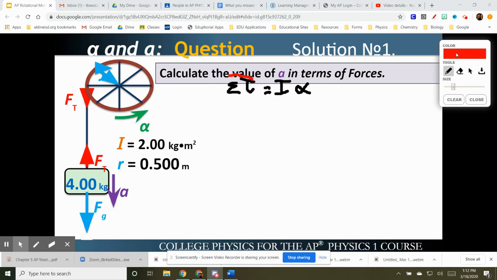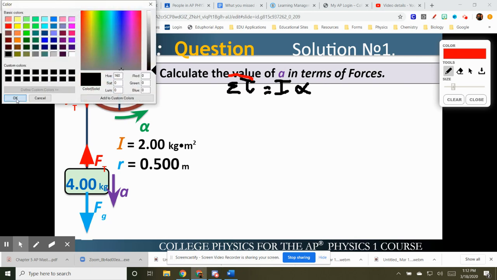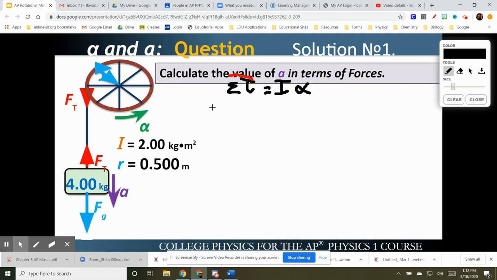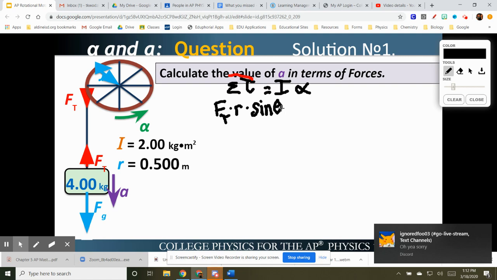So, the derivation you're going to do is look back in your notebook that a torque, and remember there's only one torque, is force times R times sine theta. And Gabriel, I want you to be really careful with calling that T. Be really deliberate in saying the force of tension times radius times sine theta.